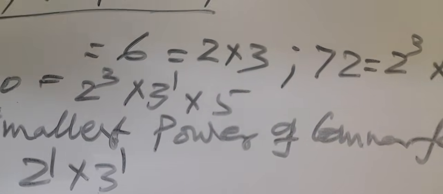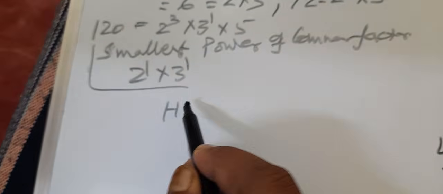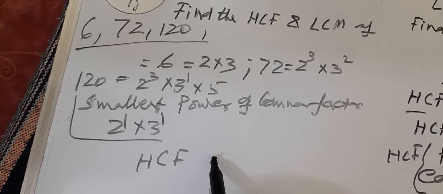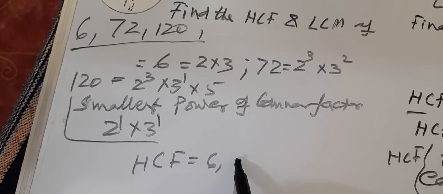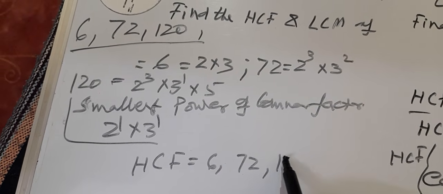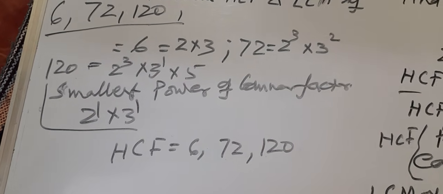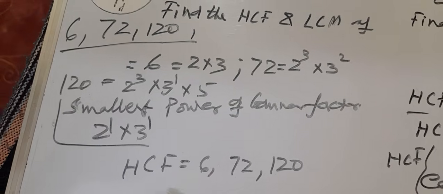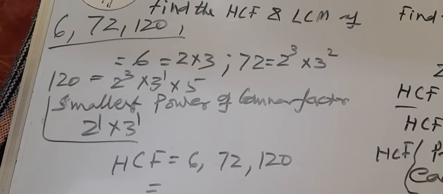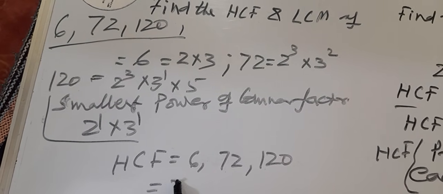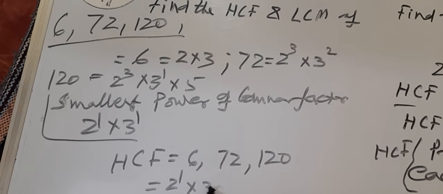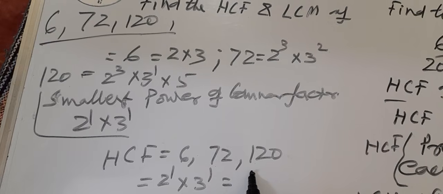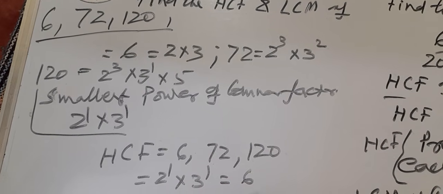So what is the HCF of 6, 72, 120? That is 2 to the power 1 into 3 to the power 1, that is 6.